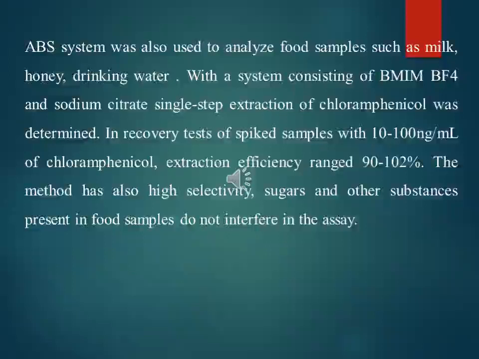In a recovery test of spiked samples with 10 to 100 nanograms per ml of chloramphenicol, extraction efficiency ranged from 90 to 102%. The method also has high selectivity. Sugars and other substances present in food samples do not interfere in the assay.